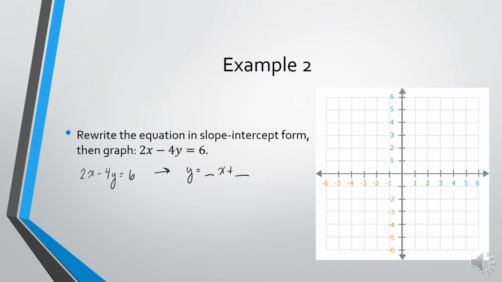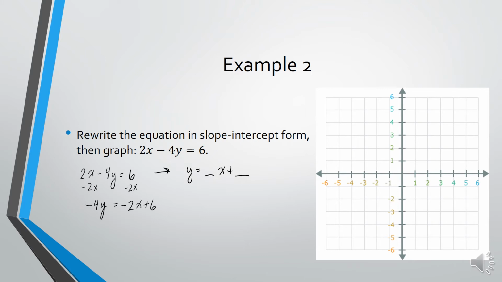There are a couple things you could do. First thing I'll do is subtract 2x from both sides. And when I do that, I get minus 4y equals negative 2x plus 6. The reason I'm writing the negative 2x first is because that's just the standard form. You always write the x's first.